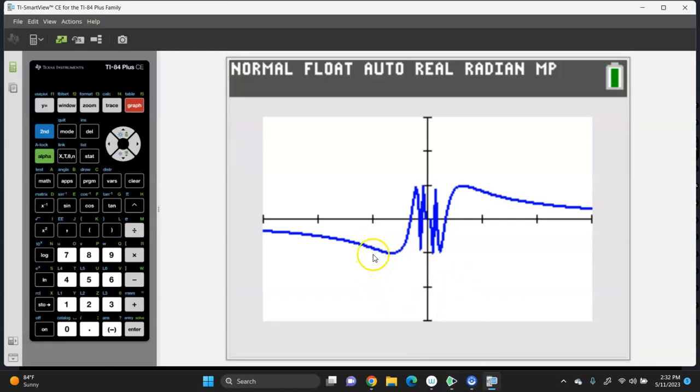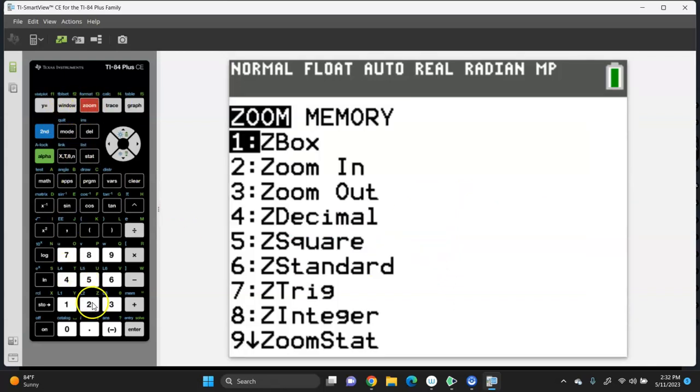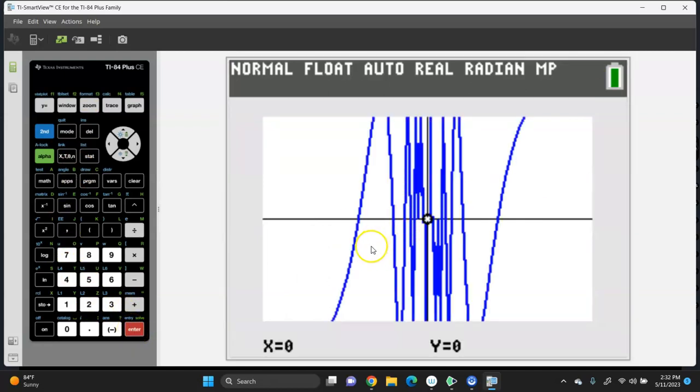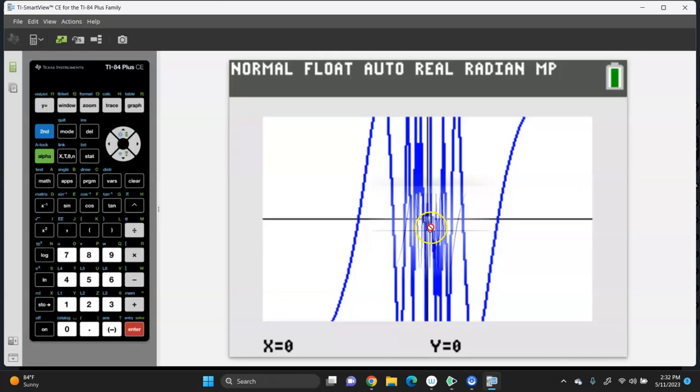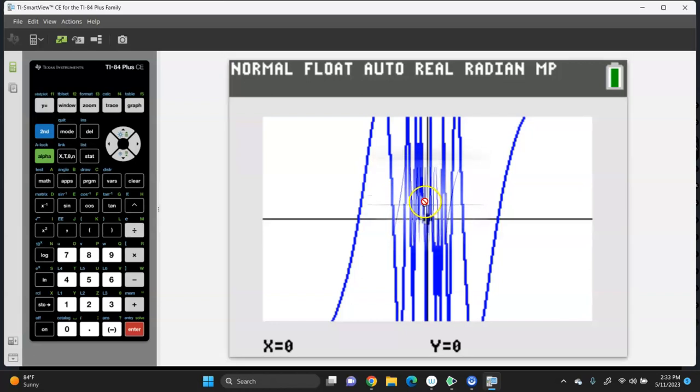Let me zoom in on that to make it more obvious. If we look at where x equals 0.1, just really right here, coming from the right, f of x is actually negative. f of x is down here as we get close to 0 from the right. But as we get close to 0 from the left, f of x is actually up here.